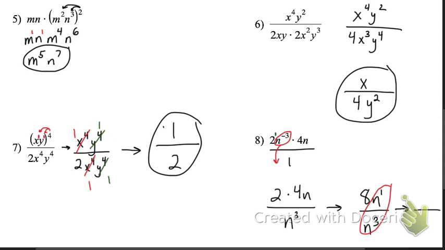The power is higher in the denominator, and it's 2 higher. So I know I'm going to have an n to the second because the difference was 2, and since it was higher in the denominator, it's going to go into the denominator. So this is done, and then I'm just going to have my 8, which is still in the numerator.